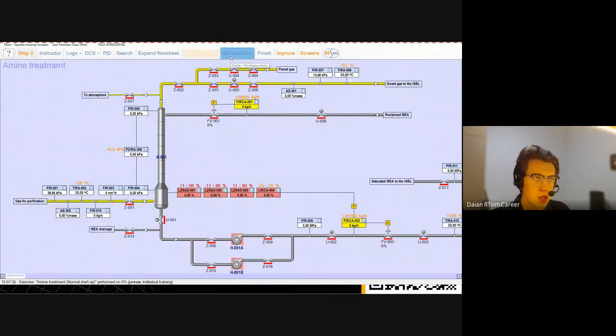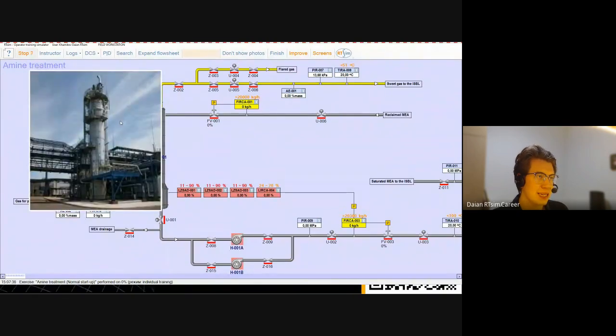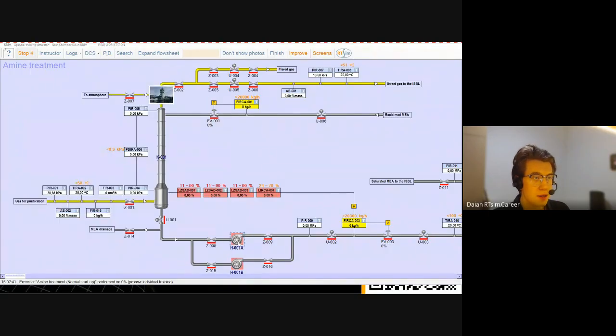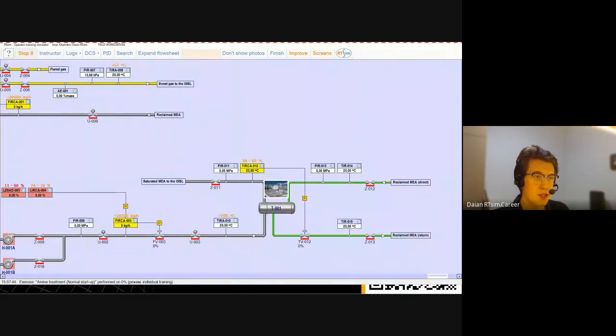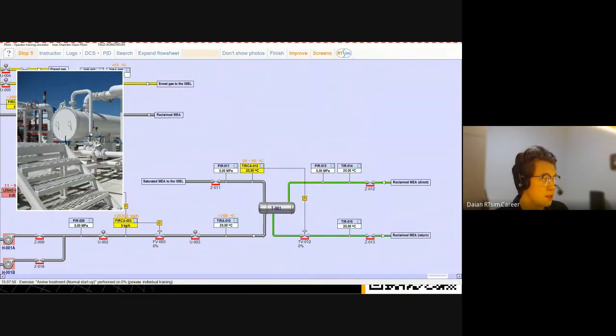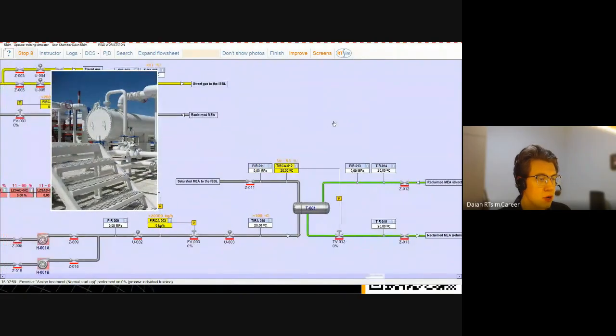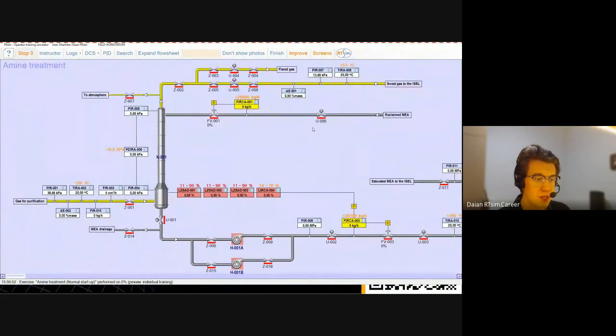Using the show photos feature, we can see how this absorption column looks on a real plant, and the pumps and heat exchanger are photos of real units on a petrochemical plant. Gases formed in different production processes during oil refining enter our column for purification.